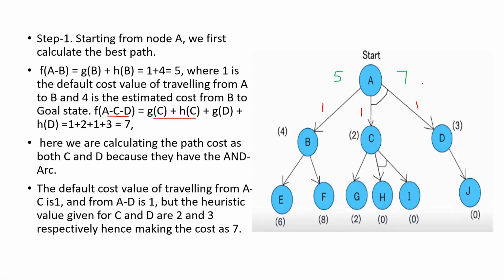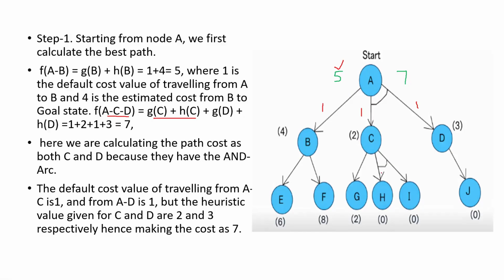Now we compare 5 and 7. The smaller one is 5. So we go by this side and calculate all its values, then come back and calculate the other side. Because 5 is smaller, we check this side first.